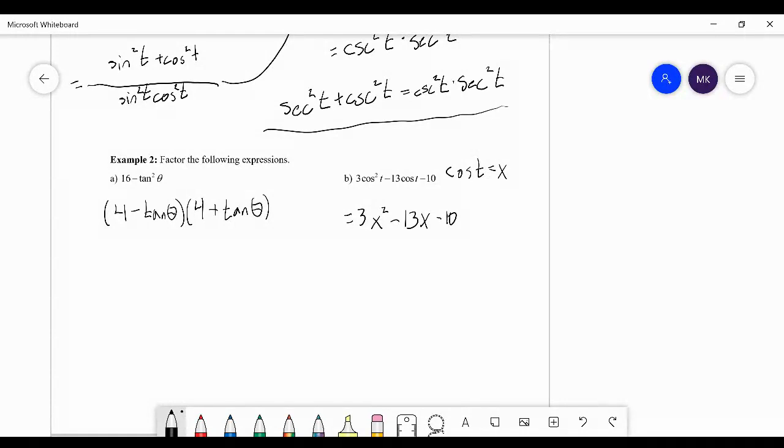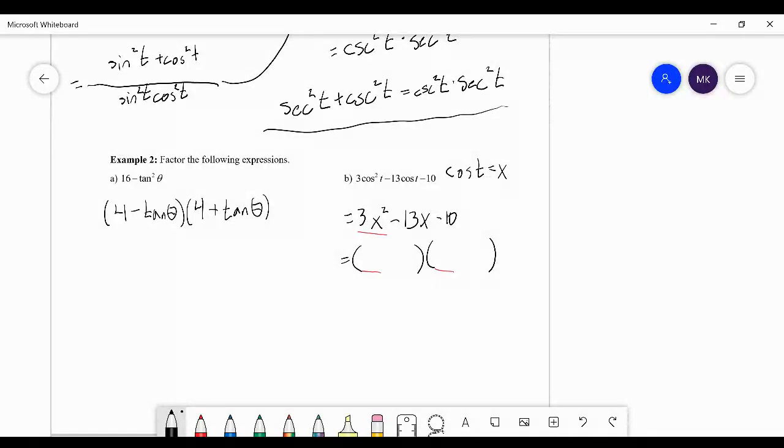When I'm looking at creating these two factors, I know that when I multiply the first two pieces together, I need to get a 3x squared. The only way to multiply two numbers together and get 3x squared is one of them being an x and one of them being a 3x.